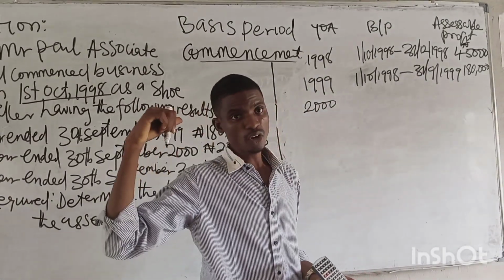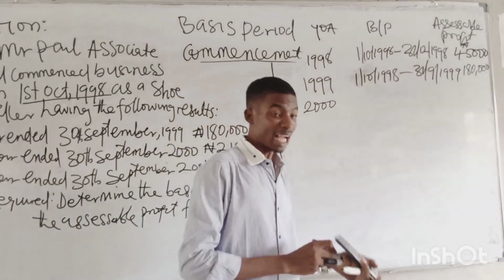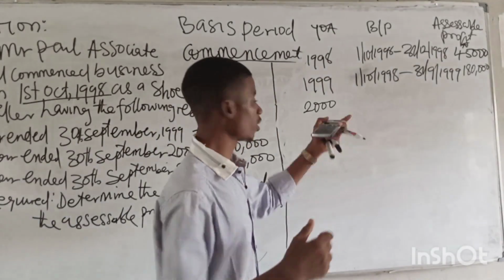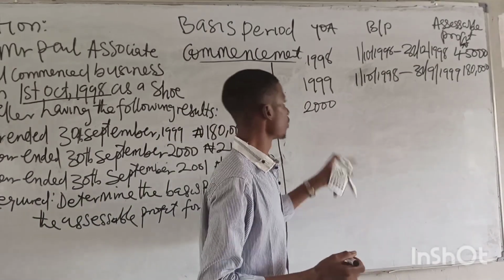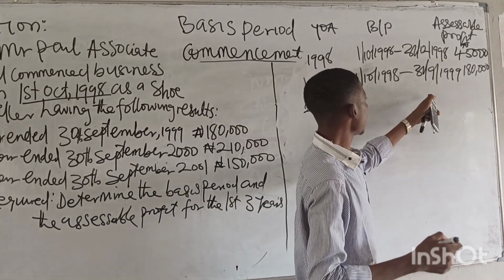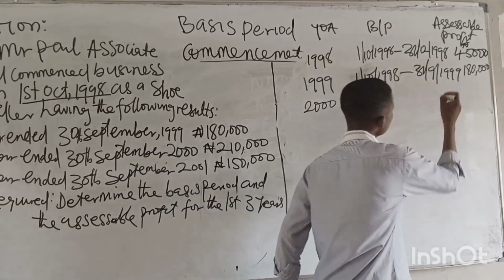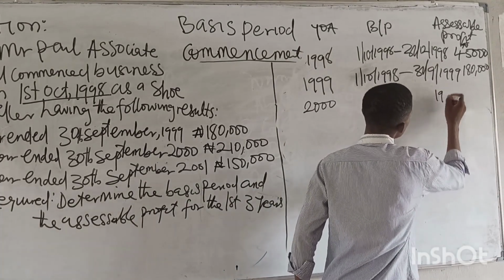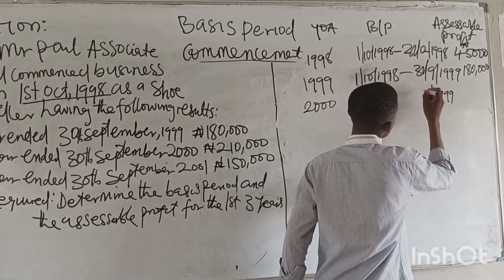Refer to my previous video when we talked about actual year and preceding year basis. It will help you to understand this. So the year end here must end in 1999.